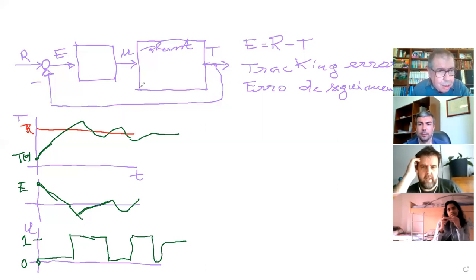Then U over E is equal to 1. So you say that E is equal to U. Yes. That is to say, U is equal to E times 1. So I put here 1. Okay? Now, let's test your theory.